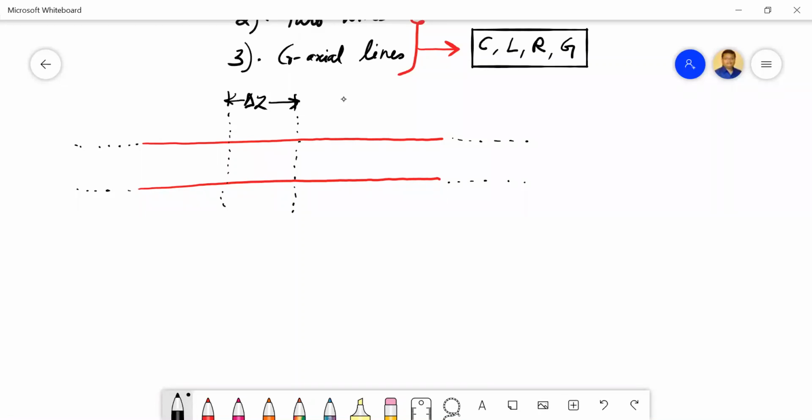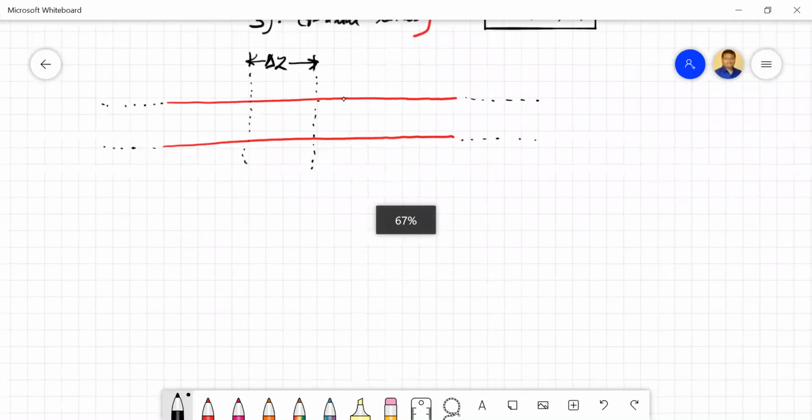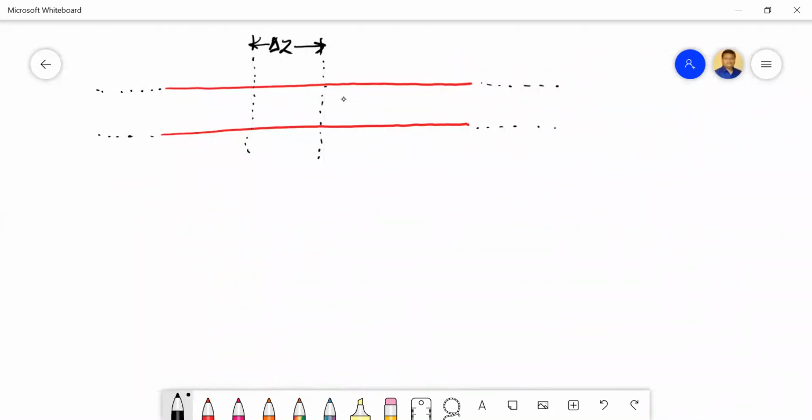So let us make the equivalent circuit of this. First I'll draw, then I'll explain. So this is a resistance, then we have an inductor, and in shunt we have dielectric losses, and we have the capacitance.